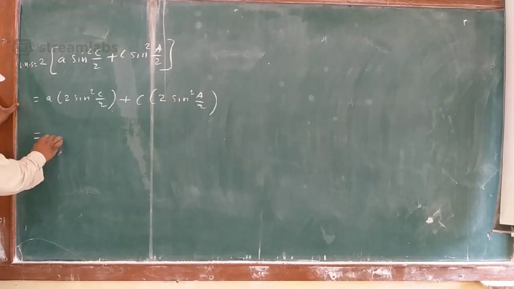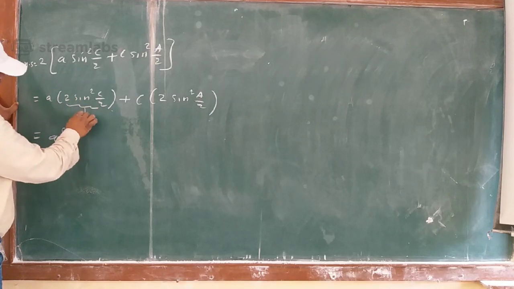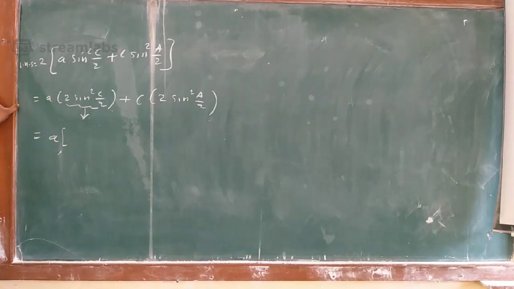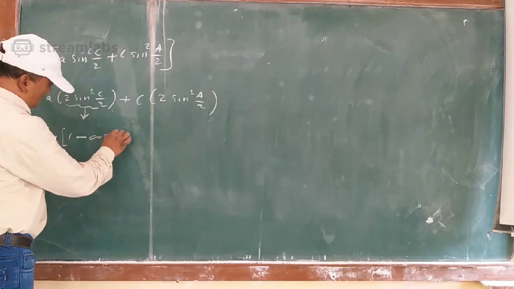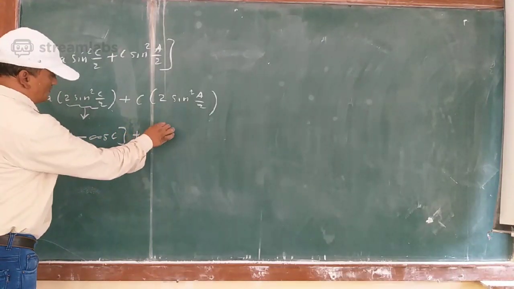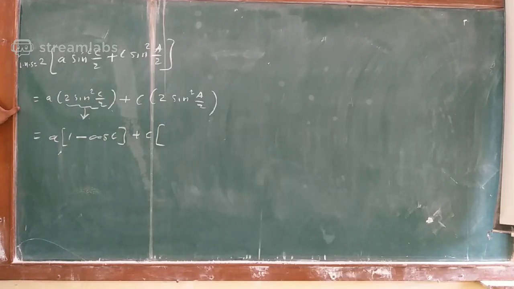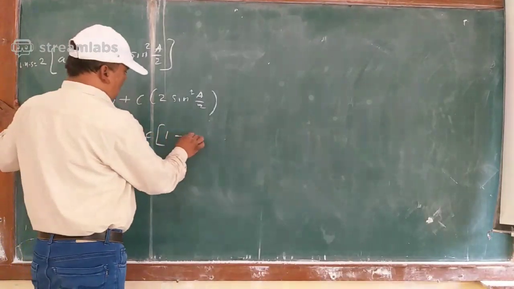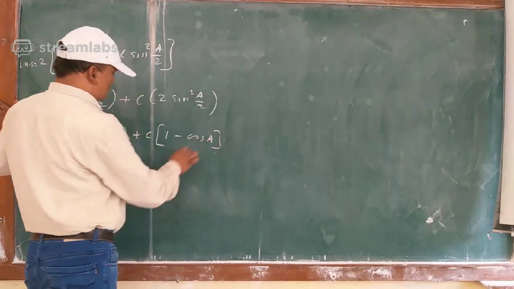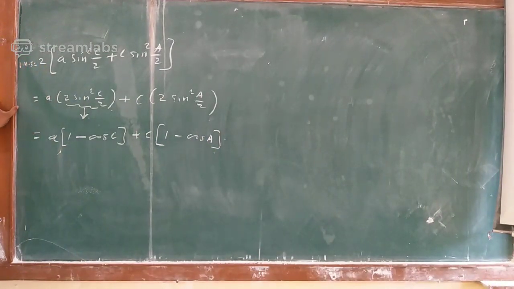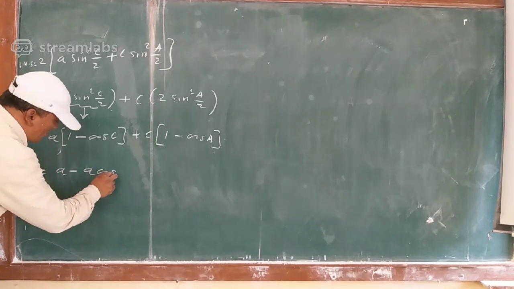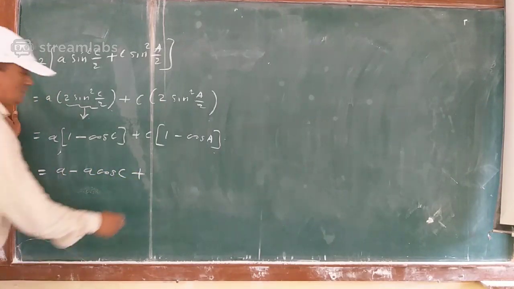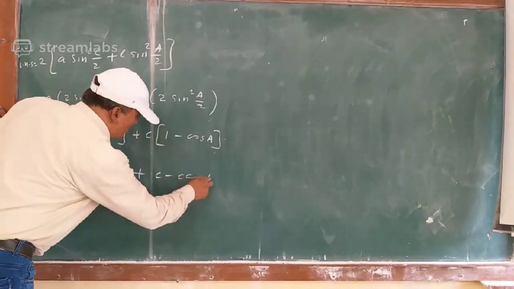So it is equal to A into, by the formula 2 times sin square theta by 2 means 1 minus cos theta, 1 minus cos C, plus C in bracket 1 minus cos A, and now multiply by A. So A minus A cos C plus C minus C cos A.